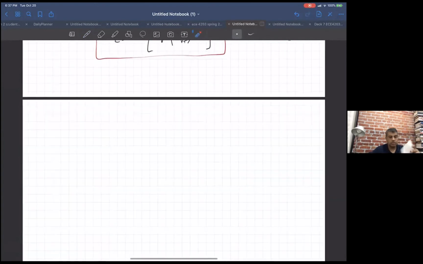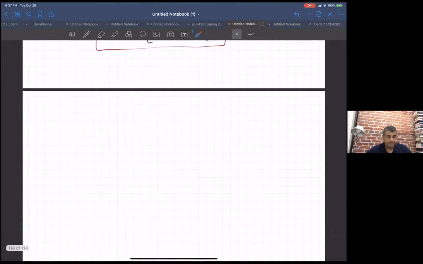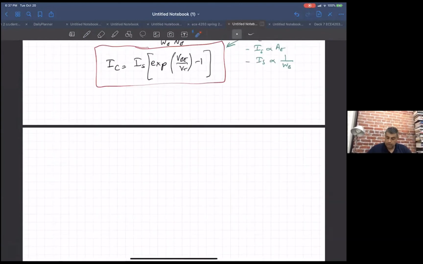So let's do a couple of examples, or at least, let's try to get at least one example. Okay, so if you do example 4.3, it says we have a bipolar transistor.